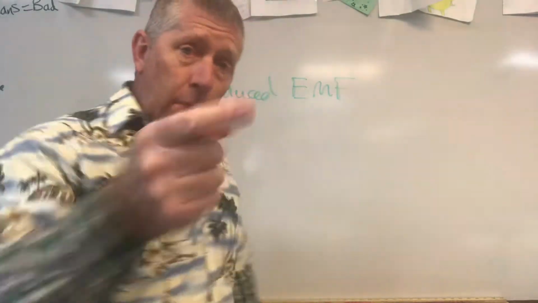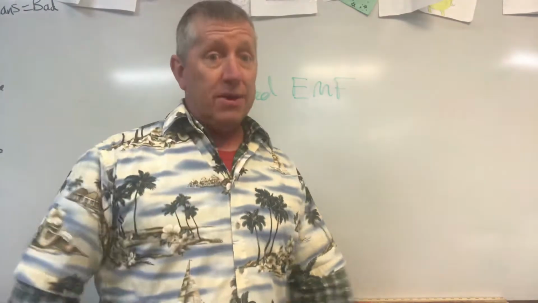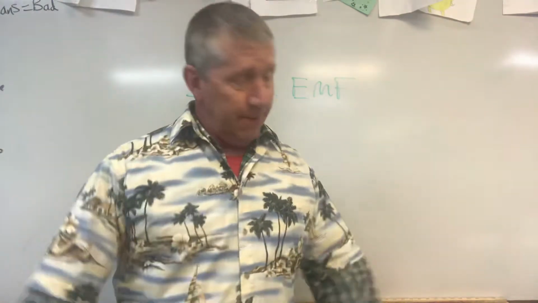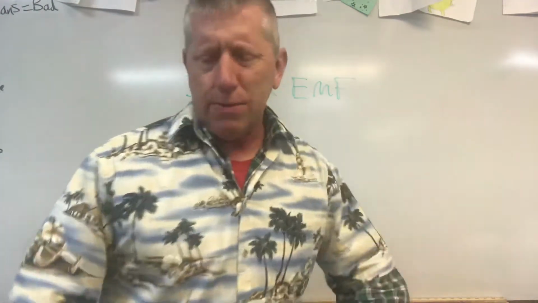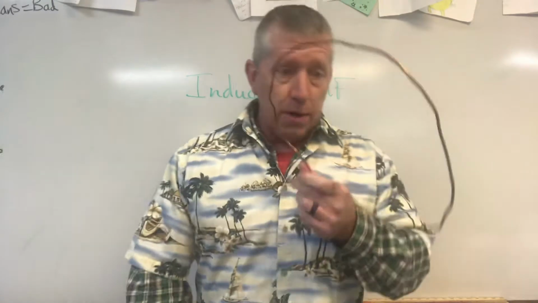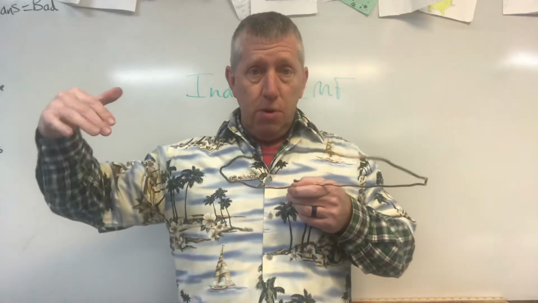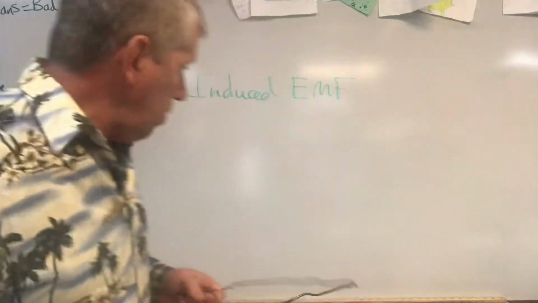Now, there's a number of ways we can do that, but you've got to have something changing. Hence the word flux that Billy talked about. Something has to change. What do you mean? Give me an example. Okay, here's an example. Let's say I've got this wire, and I've got a magnetic field. I'll draw this up here on the board for you.